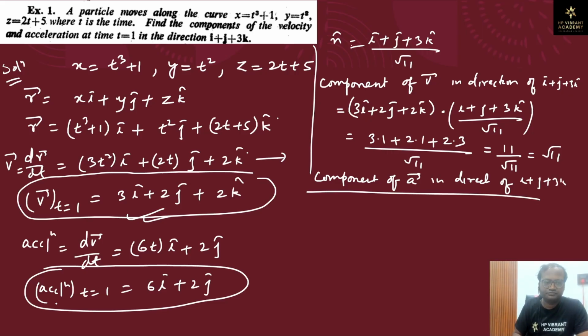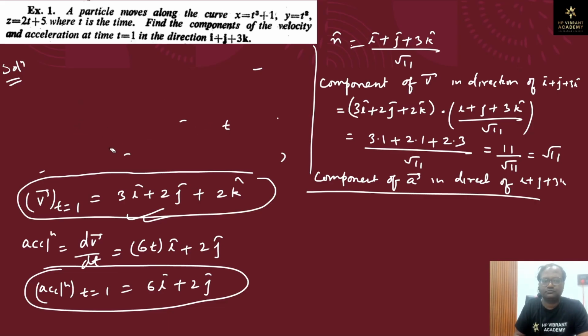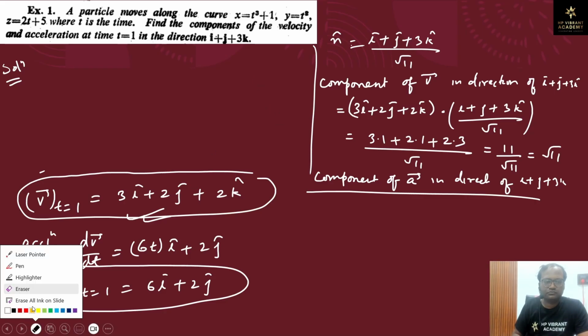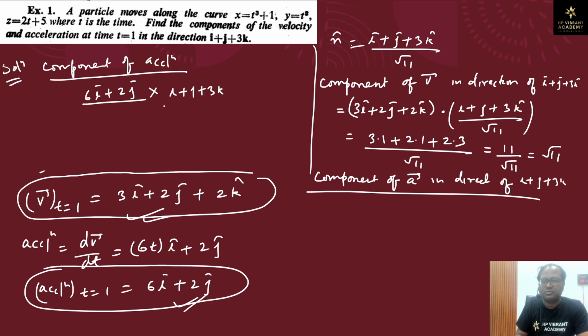The component of acceleration is given by the acceleration vector, 6i cap + 2j cap, dot n cap. n cap is (i cap + j cap + 3k cap) upon root 11.